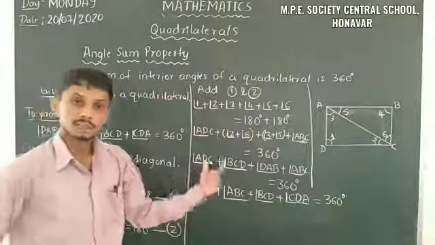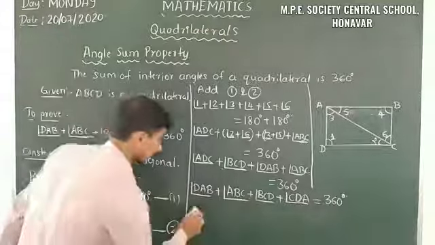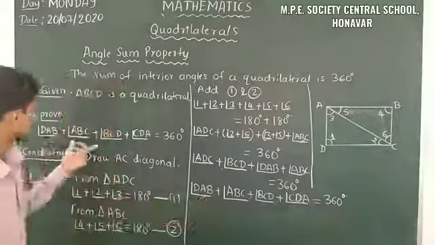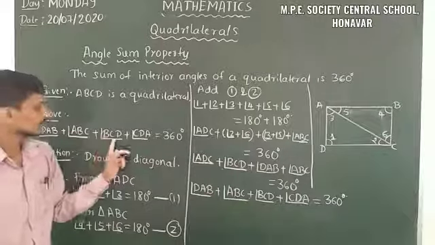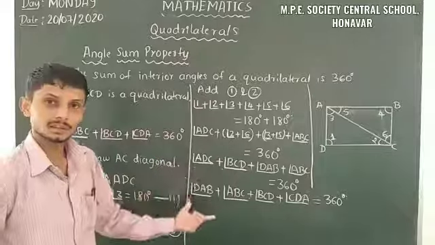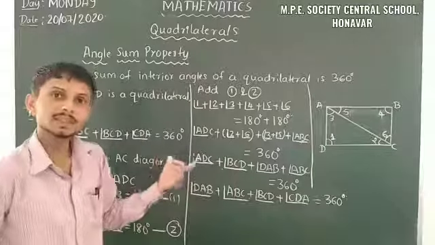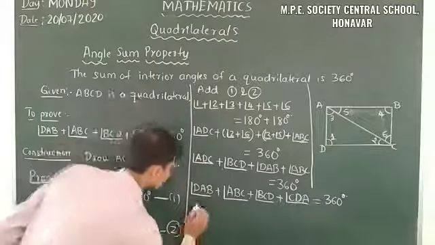So that means the sum of the interior angles of the quadrilateral is 360 degrees. So it's a proof. We got angle DAB plus ABC plus BCD plus CDA is equal to 360 degrees.